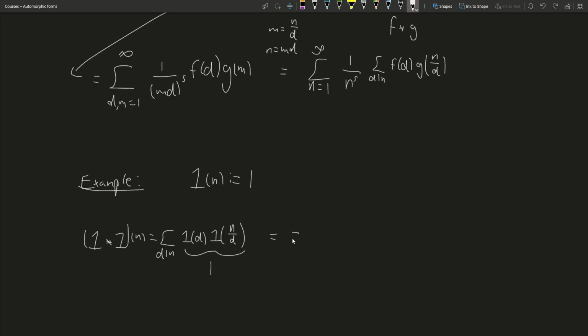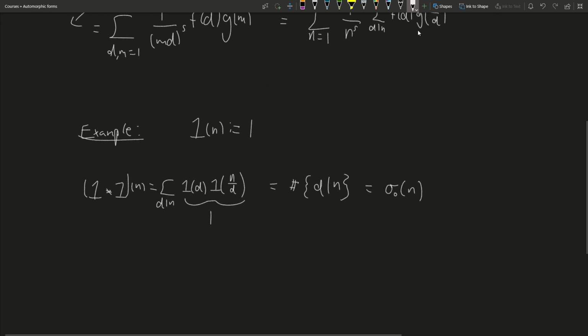So this is just equal to the number of positive integers d dividing n, which is equal to sigma sub 0 of n.